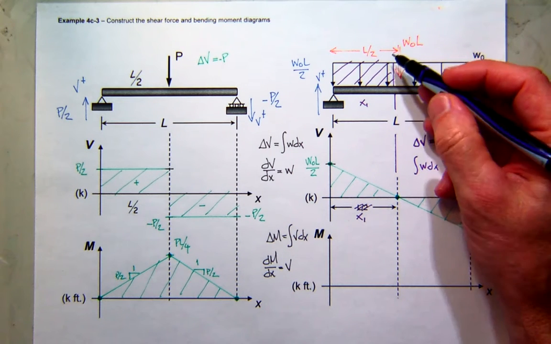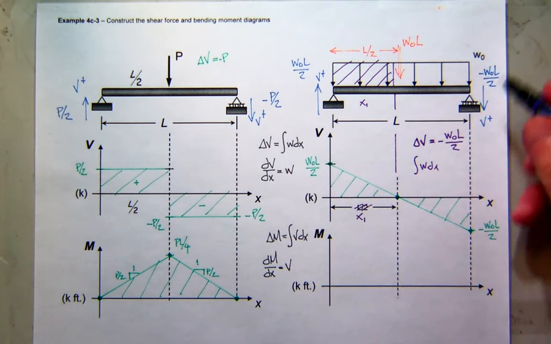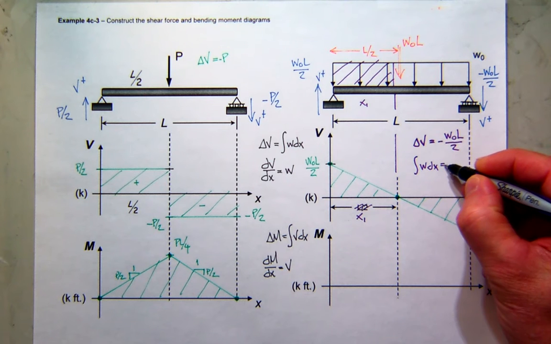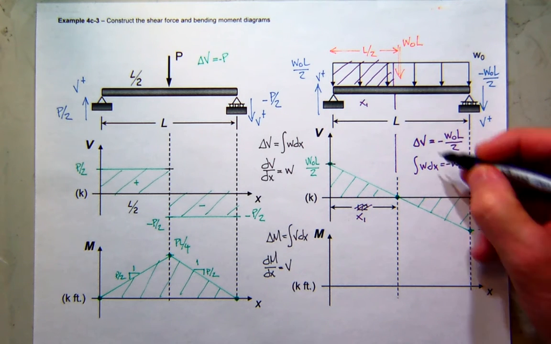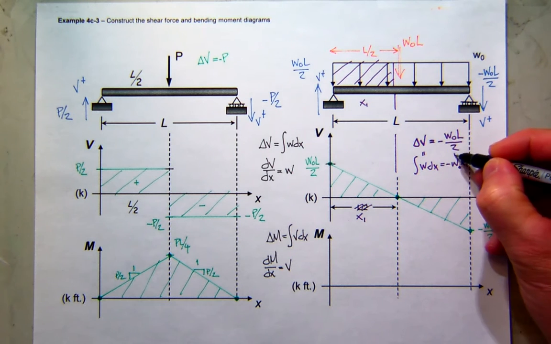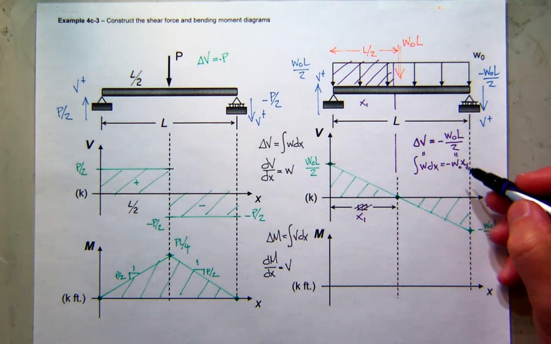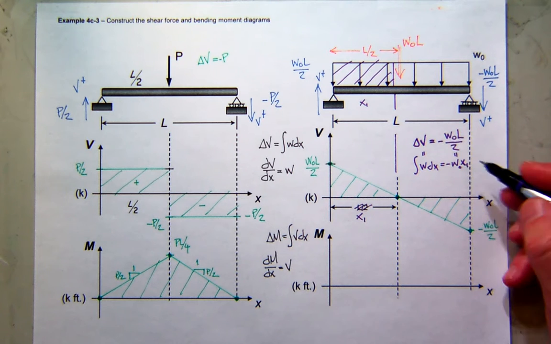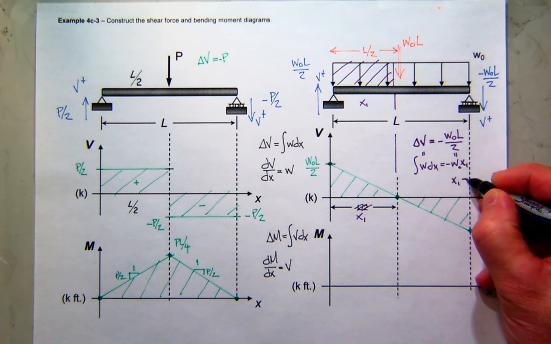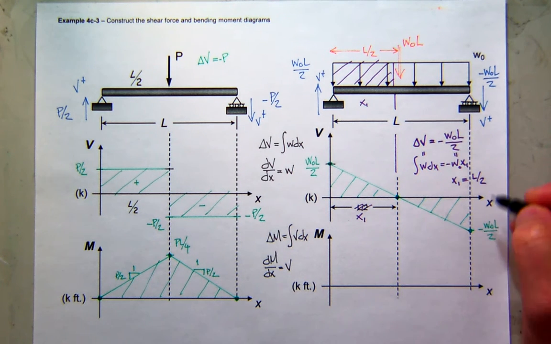What's the height of my rectangle? W naught. So this will be equal to minus W naught x1. And these two things are equal. So I can solve for x1. Divide both sides by W naught, and you can see that you'll get x1 is really L over 2.